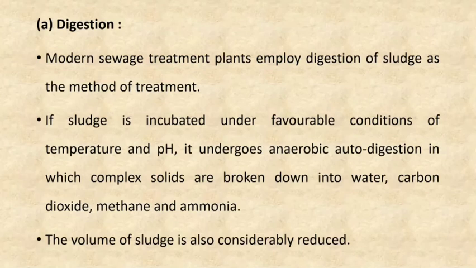Modern sewage treatment plants employ digestion of sludge as a method of treatment. Here, if the sludge is incubated under favorable conditions of temperature and pH, it undergoes anaerobic autodigestion, in which complex solids are broken down into water, carbon dioxide, methane, and ammonia.